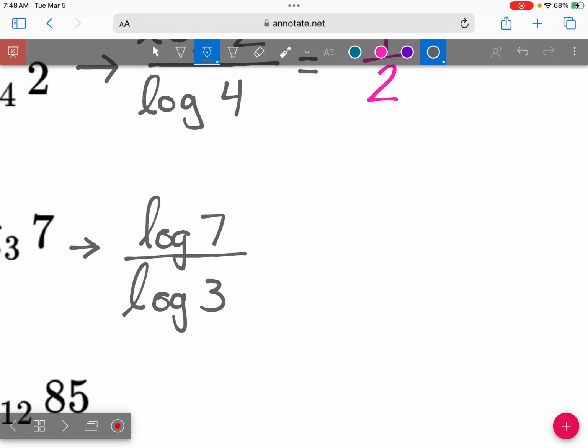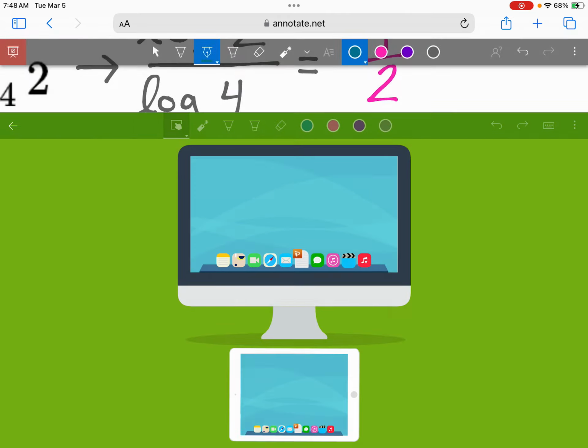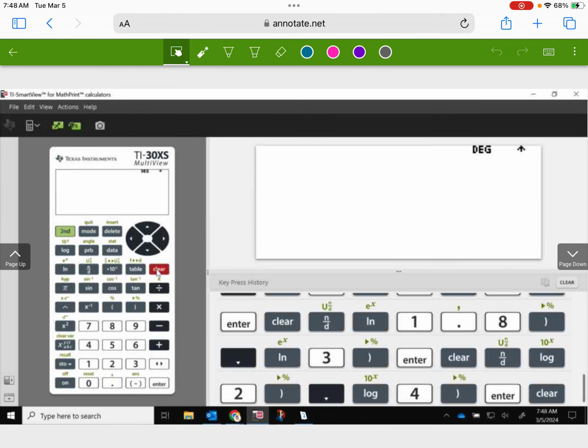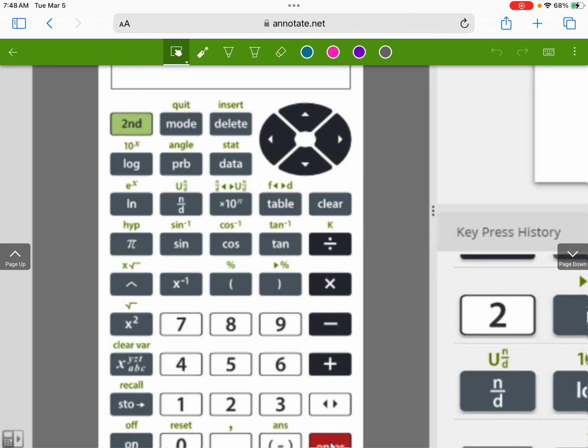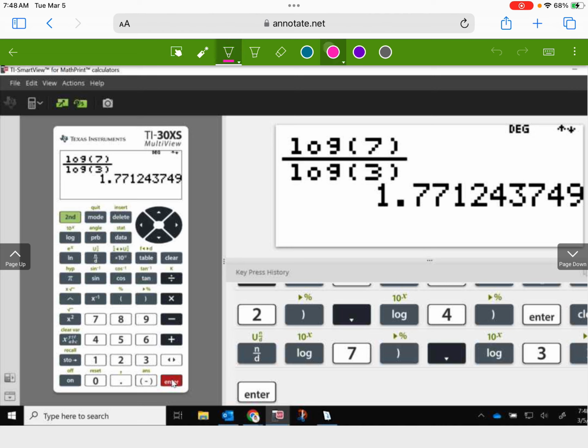Exactly right. And then again, we can type that in the calculator. That's what this is all about, is making these things something we can put in the calculator. So we're going to the fraction with the log of 7 over the log of 3. We get 1.7712. I'm just taking 4 decimal places. That's what I keep drawing that line in. 1.7712.